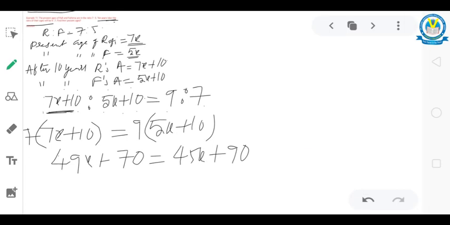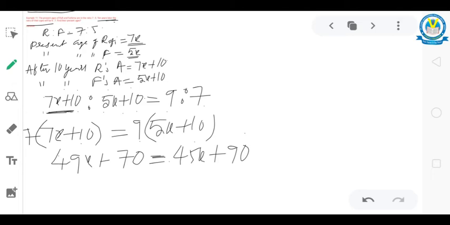So here these are equations having variables on both sides, left hand side and right hand side. Now we will solve the problem.